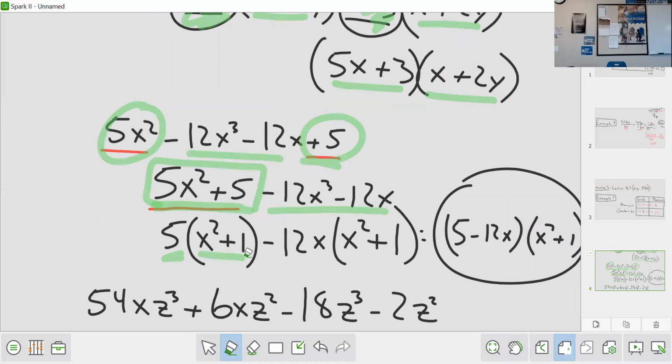And out of these two, I'd factor out a negative 12x squared, and I get an x squared plus 1. Notice that's the same. And so now I have a 5x minus 12, which is this one and this one, and then my x squared, that looks like a 7, but that's supposed to be a 2, an x squared plus 1. All right.